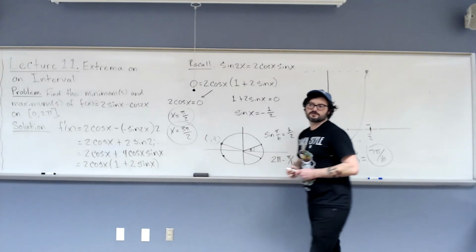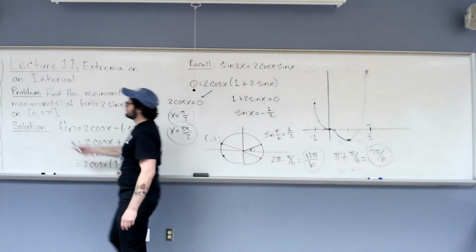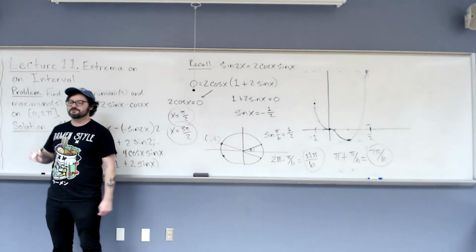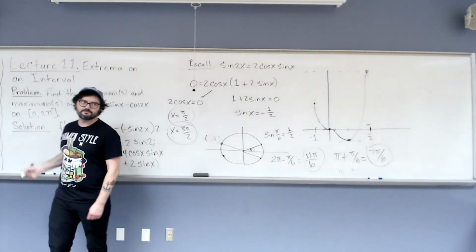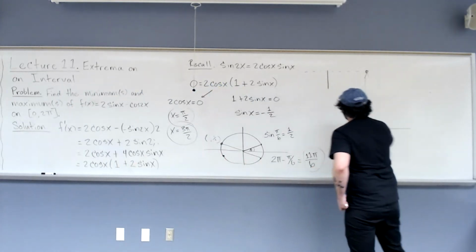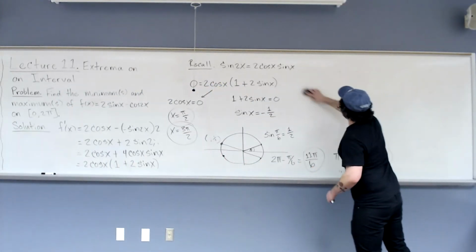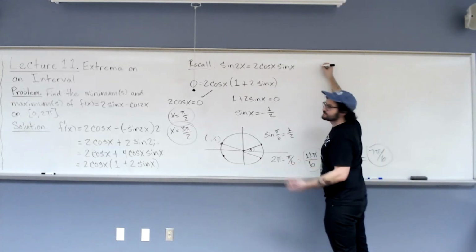Those are the critical numbers. And again, we're restricting ourselves to the interval 0 to 2 pi. That's why I didn't just do negative pi over 6. That's not in that interval. I can only pick in here. So those are my critical numbers. I like using this notation when I have a bunch of them.